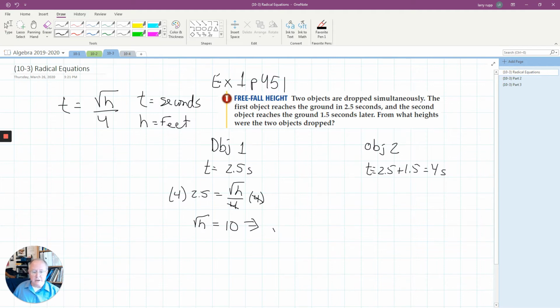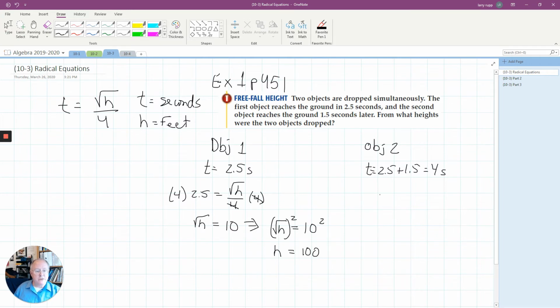Here, squaring it is more or less trivial, but it gets a little more interesting later on. So we have the square root of h, that quantity squared, is equal to 10 squared. When you square a square root, the square root goes away, and you just have what's underneath it. h is equal to, what's 10 squared? 10 squared is 100. So that is the height from which the first object was dropped.